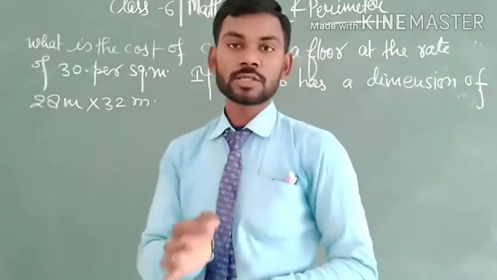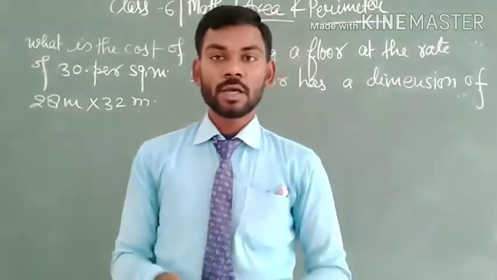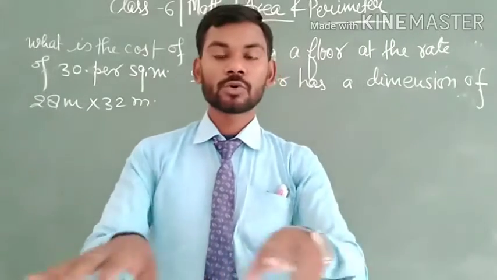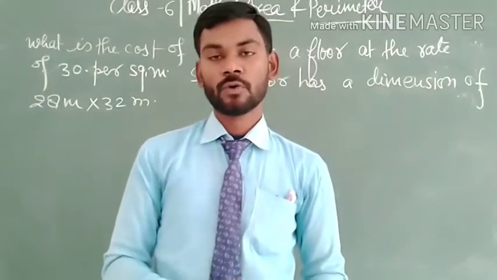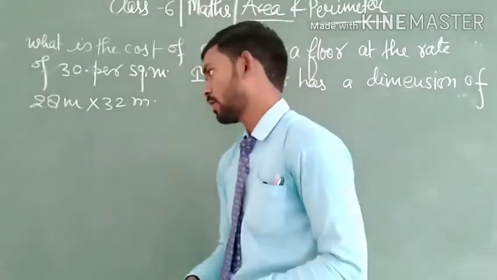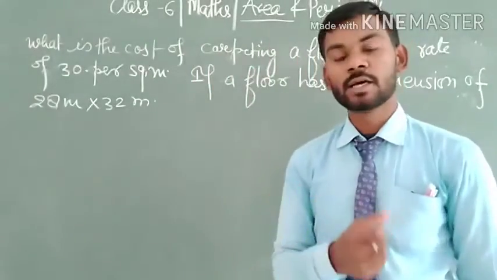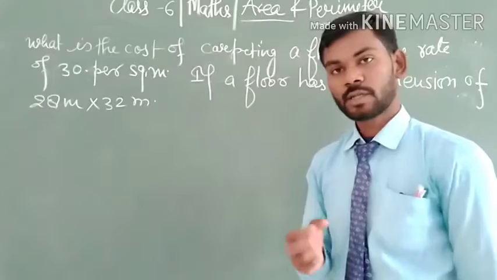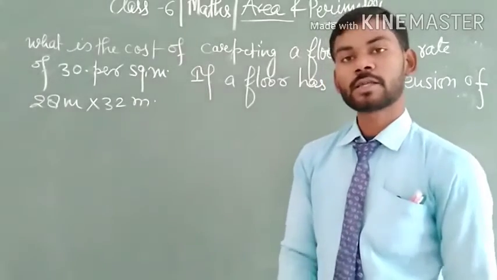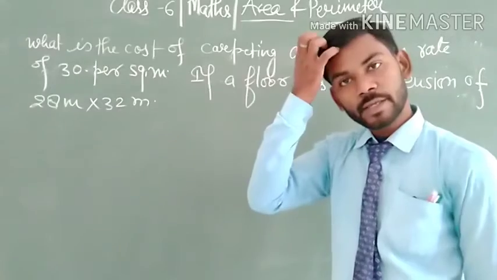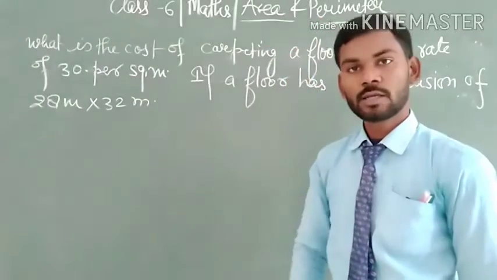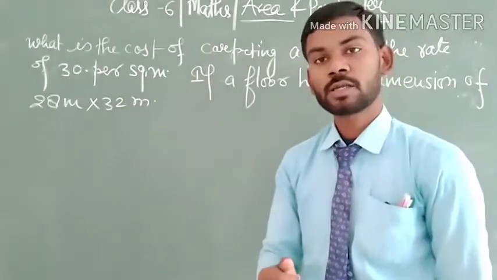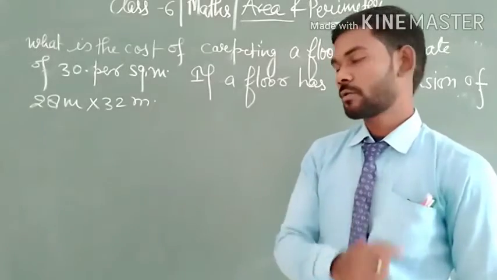If the cost of 1 square meter is 30 rupees and we need to cover the total area of the floor, first of all, we shall find out the area of the floor, and after getting the area of the floor, we shall multiply the area with 30. We get the total amount required for carpeting the floor of the room.